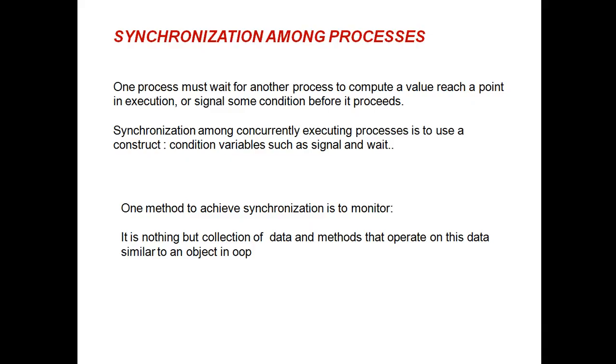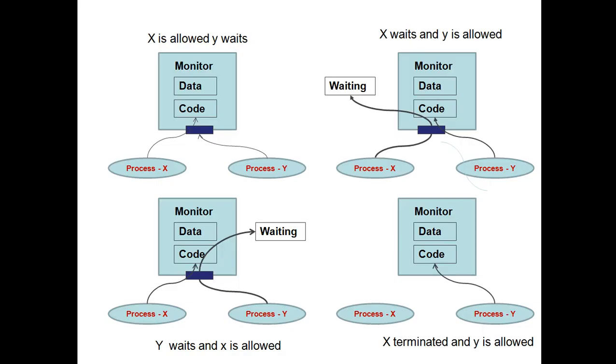Let's start with: X is allowed, Y waits. So we have the monitor, data and code, process X and process Y. First, X is allowed and Y waits. Next, X waits and Y is allowed.